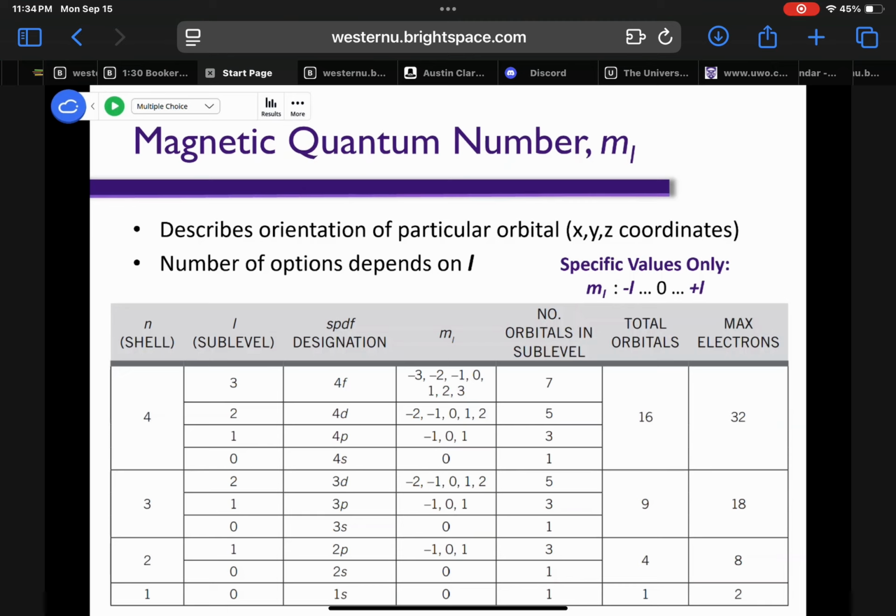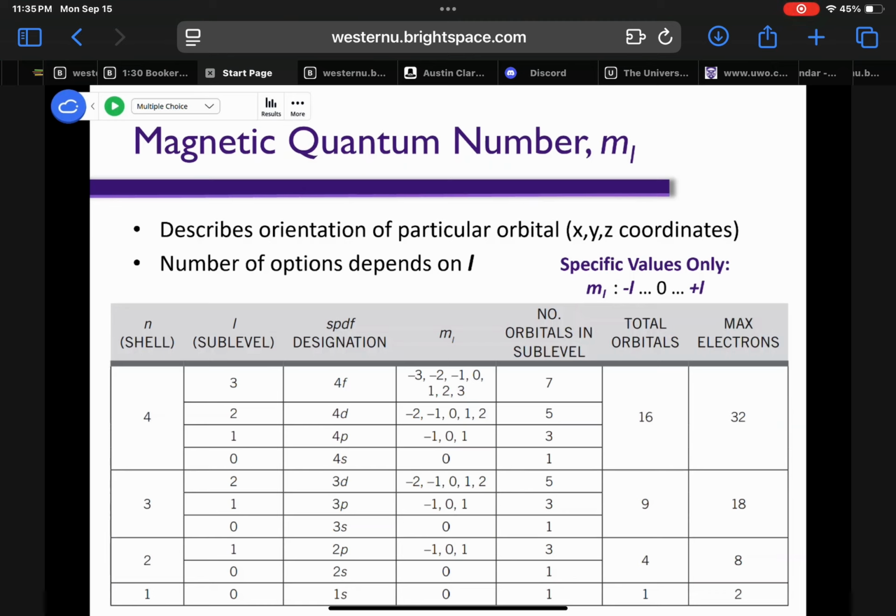This let scientists figure out that some orbitals had multiple orientations, meaning that if the orbital was flipped this way versus this way versus this way, it means something different. So the magnetic quantum number, ml, gives us information about the number of three-dimensional options, the number of orientations of that orbital. Now, this number does not tell us which orientation it is, but it lets us know the number of options.